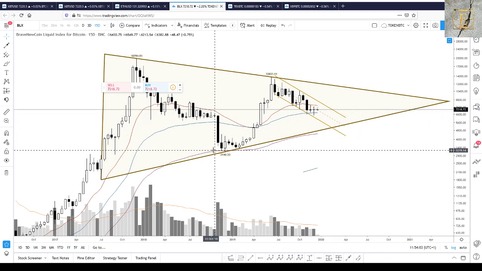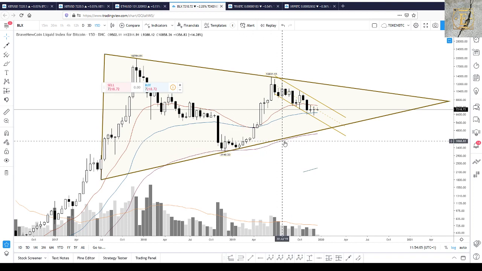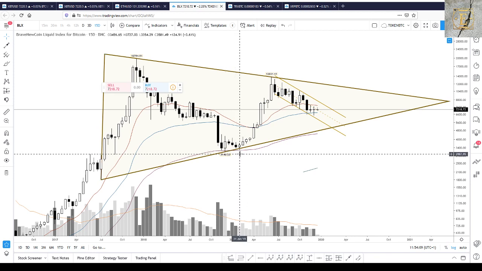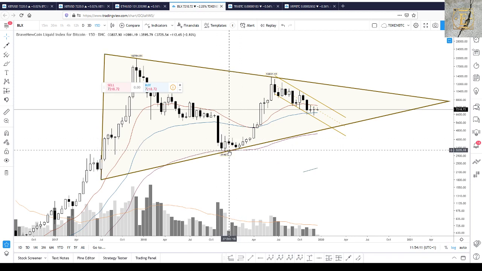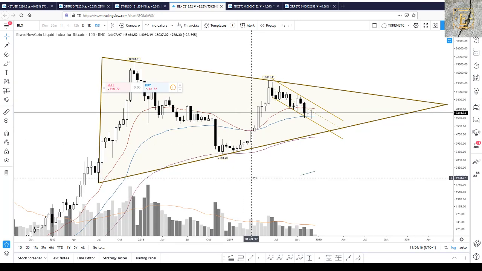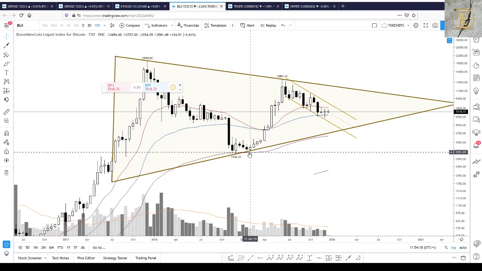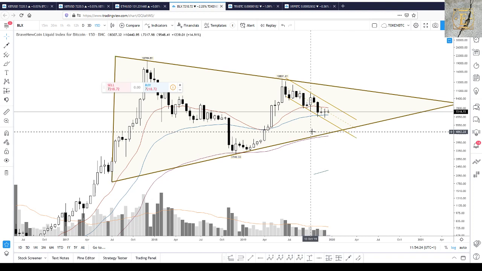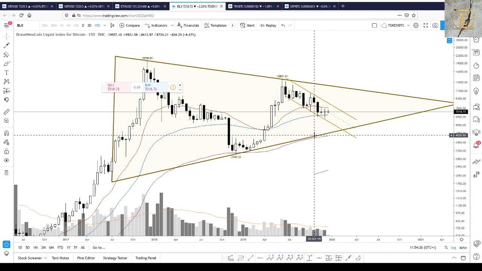Okay, and then we have the 144 EMA that acted as a very strong support right here with a big one month volume support. So I suppose this area is now impenetrable. Okay, the 4.4K is impenetrable.